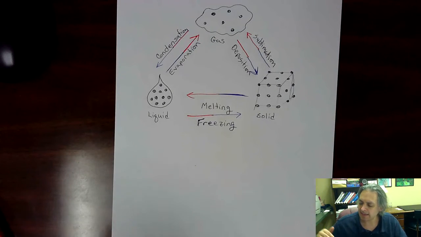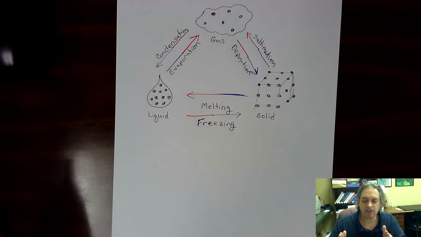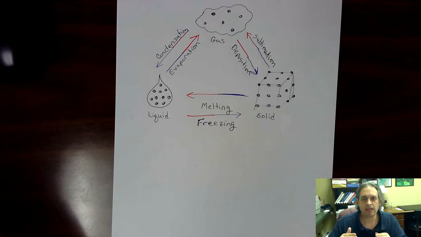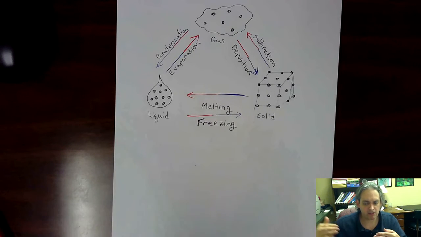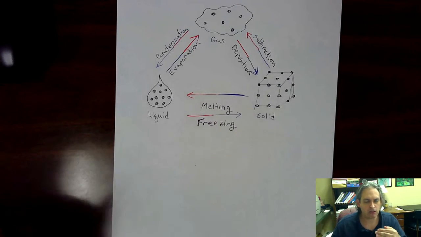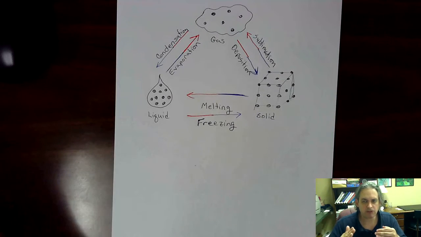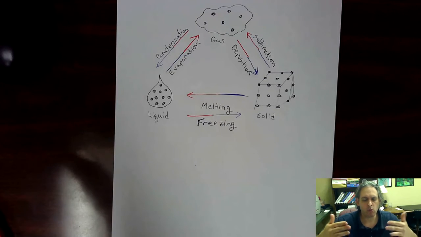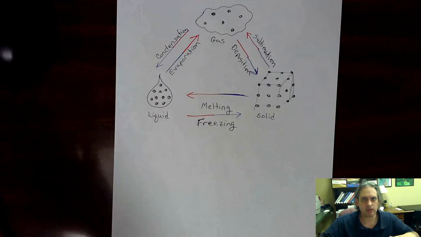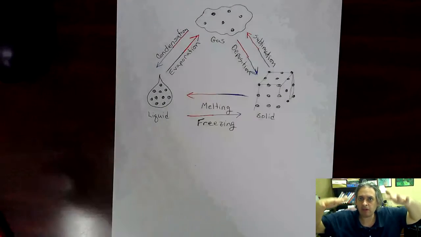So as these molecules are escaping into the gas phase, as the temperature increases, more and more molecules end up escaping into the gas phase. And as the temperature increases, the vapor pressure is going to increase. So what prevents liquids from just instantly boiling? That is the atmospheric pressure.